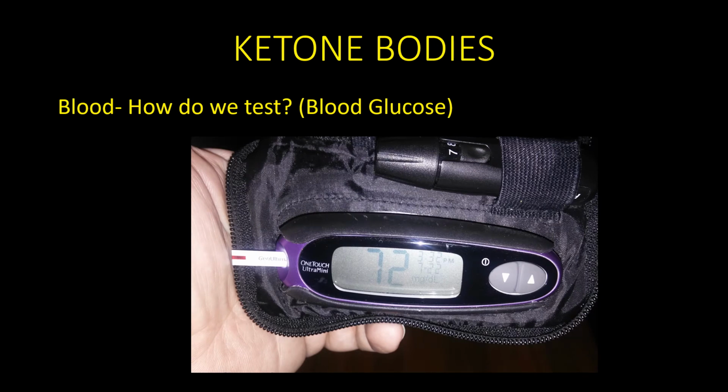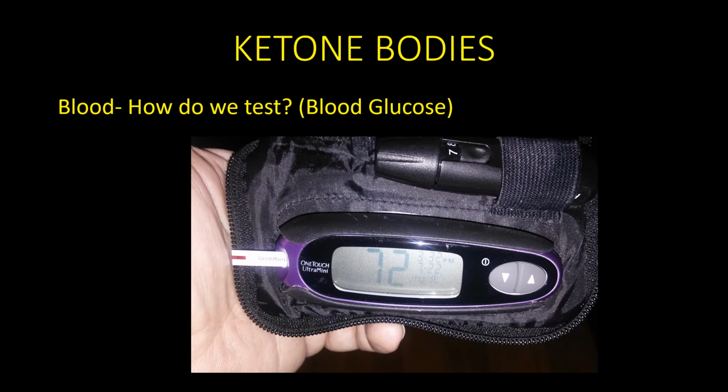This is a blood glucose meter, and as you can see there, my blood glucose is 72. These things are pretty handy because they record the dates and everything, but you can see the little test strip sticking out there at the left end. So I've used that object up there, the black cylinder at the top where you see the 7 on it.